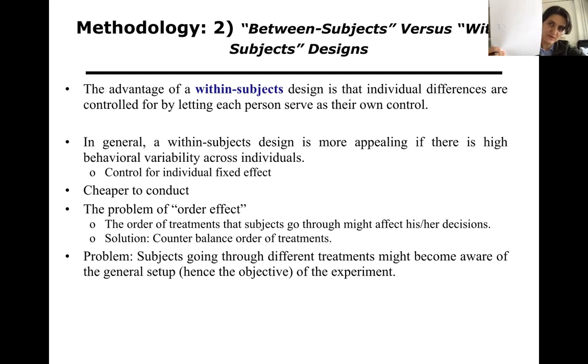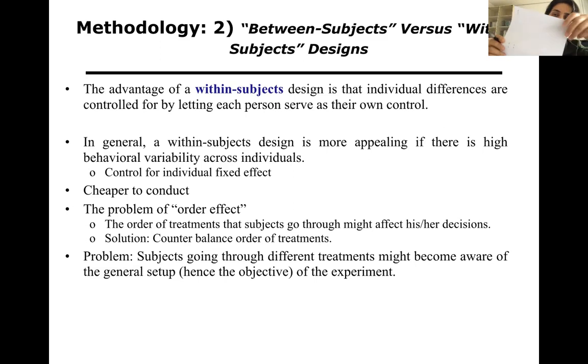If you have three treatments A, B, C, then you need to have 6 different versions. B will start first, then AC. B will start first, then CA. C will start first, then AB. C will start first, then BC, etc.